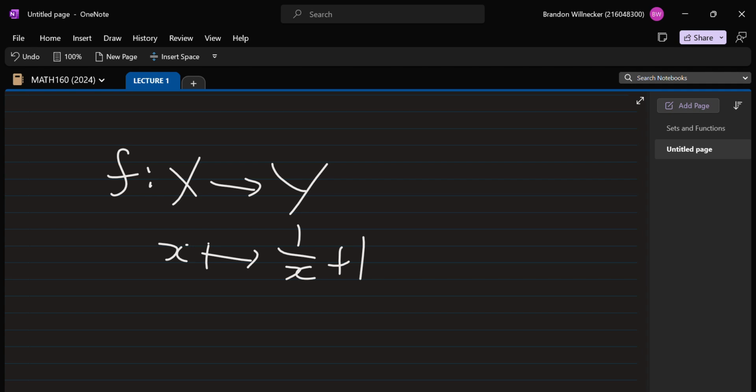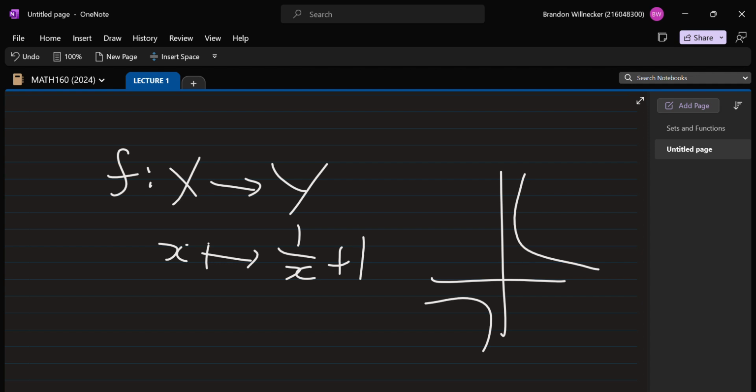Well, that's a hyperbola. We know what it looks like in our head. It's something like this, just a general hyperbola. But it's shifted up by 1. Shifted up by 1 means that's our new asymptote. Asymptote means we never get there, so that can't be part of the range. So that's not in the range.